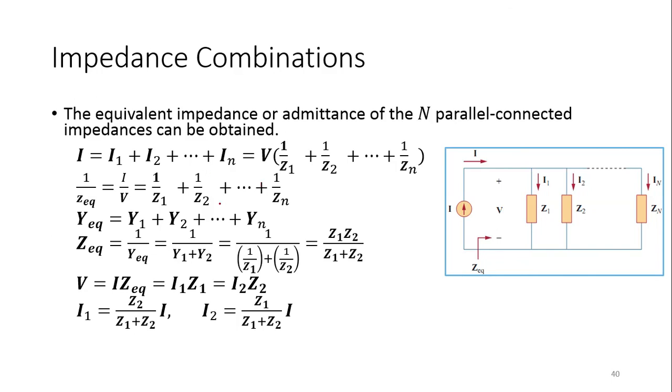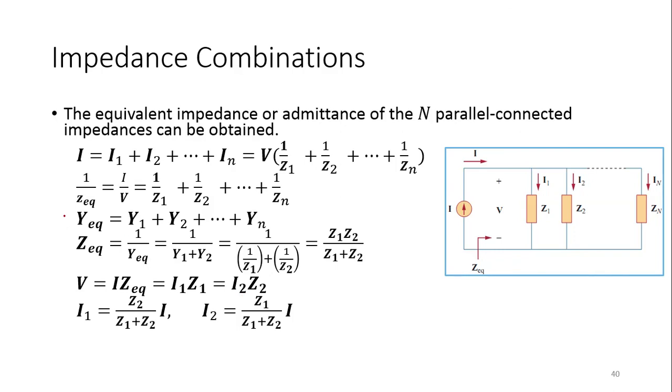So putting in the values and transforming these quantities by simple mathematical operations, what we get is I1 is equal to Z2 upon Z1 plus Z2, and I2 is equal to Z1 upon Z1 plus Z2, times the total current I. These relationships are current division relationships.